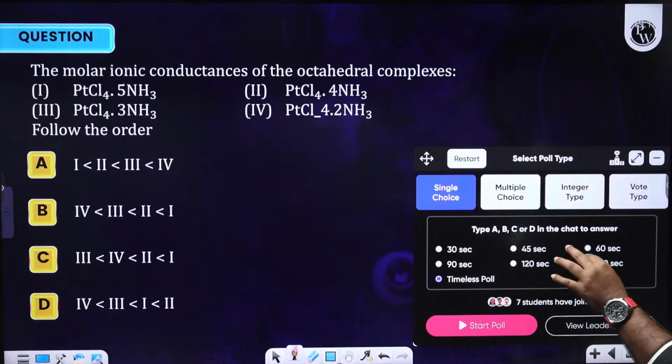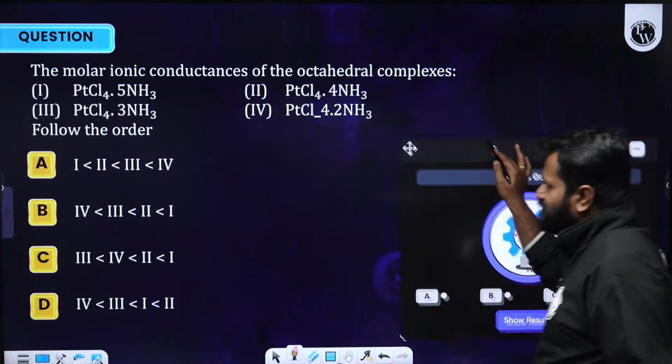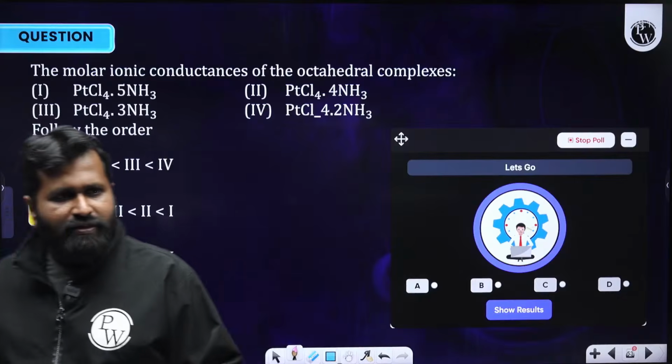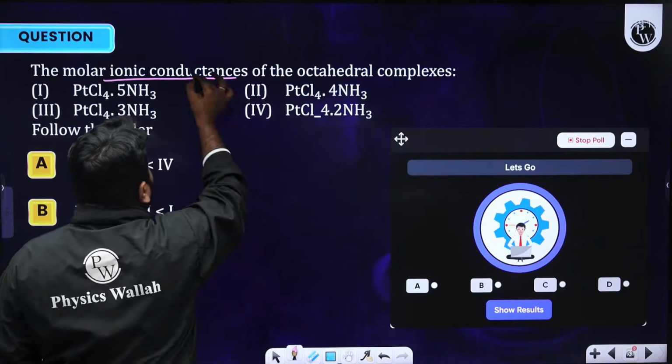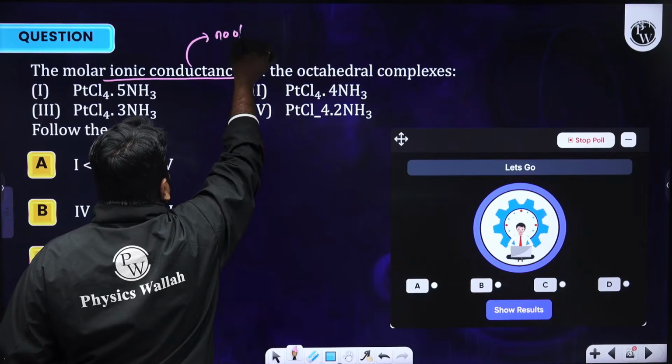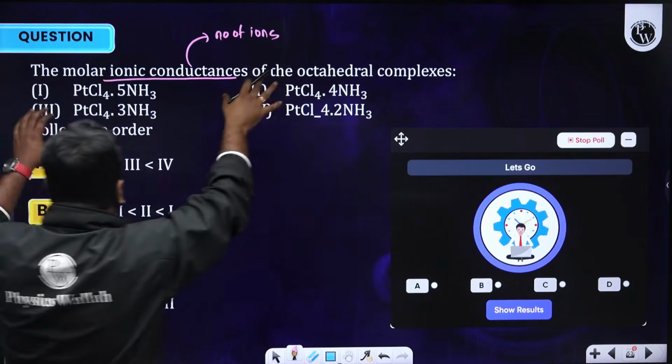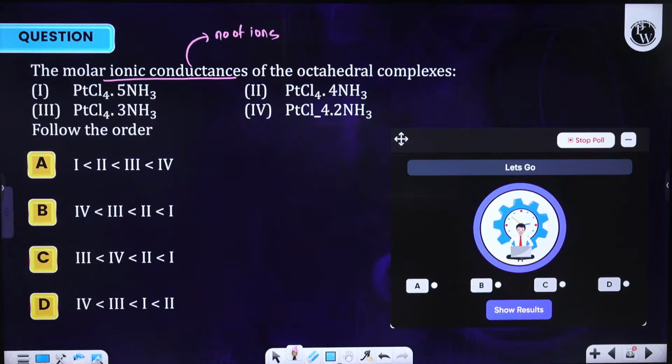Molar ionic conductance of octahedral complex. Quick. Now tell me, molar ionic conductance depends on what? Number of ions. Now dissociate and let me know.